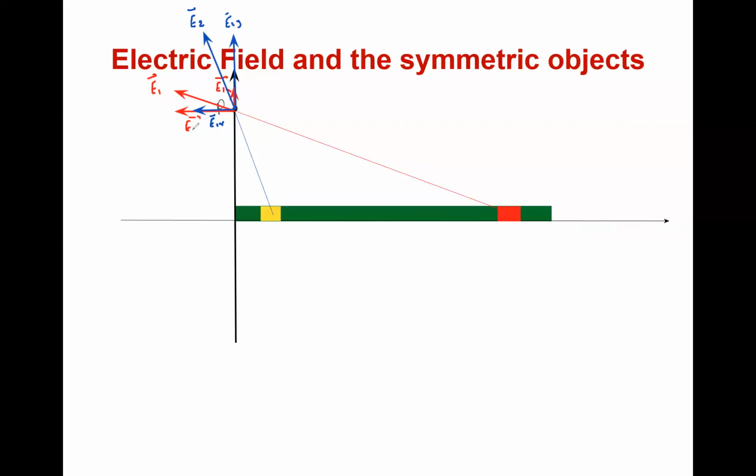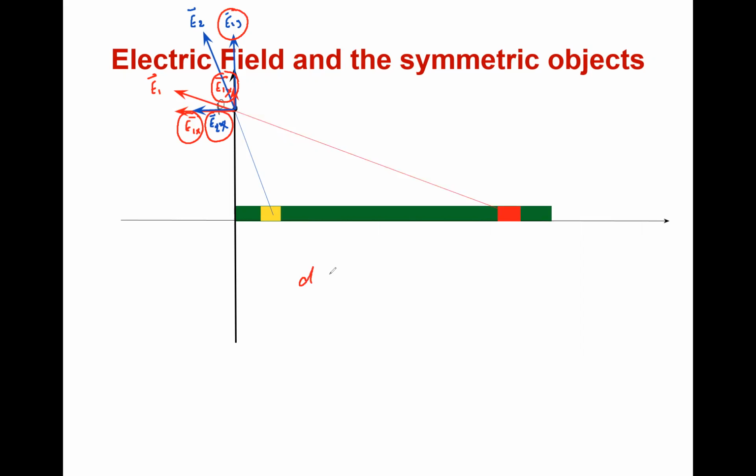Here we have E1X and here we have E2X, E1Y and E2Y. You see here E1X and E2X have the same direction, so we have to add E1X and E2X. And E1Y and E2Y have the same direction.